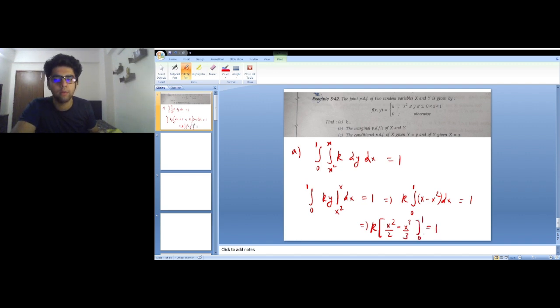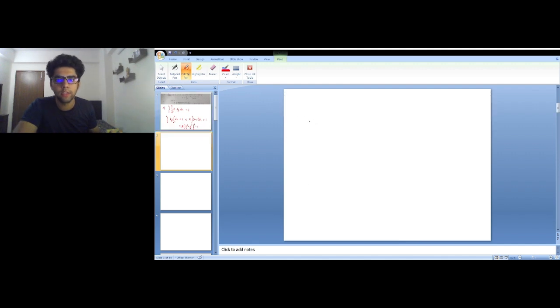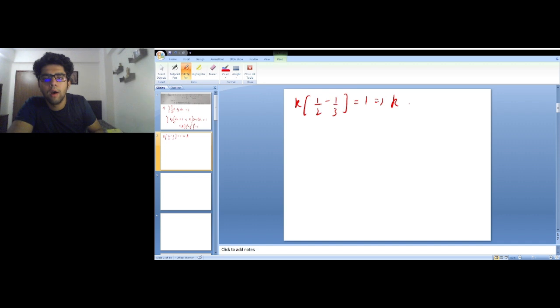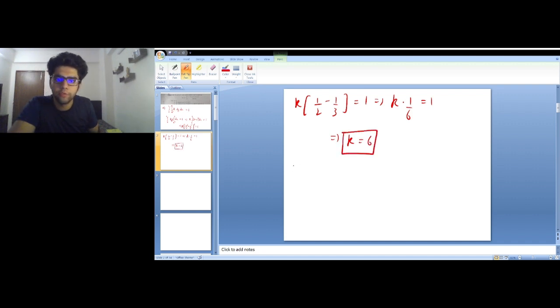This is equal to 1. So this gives me k into 1 by 2 minus 1 by 3, which is equal to 1, which gives me k into 1 by 6 as 1, and ultimately k is equal to 6. Very basic question, right? So the first part is done now.